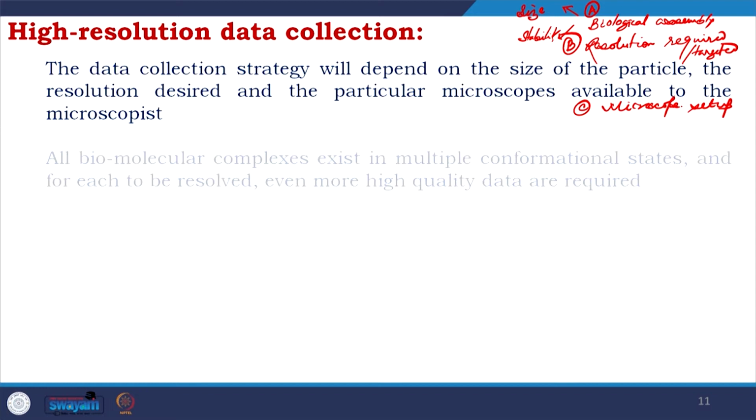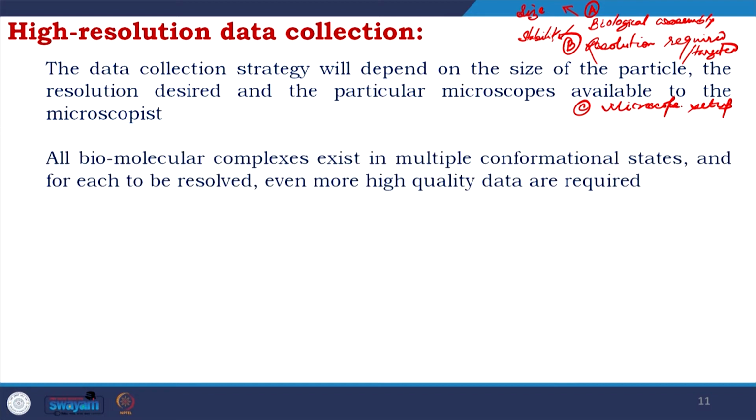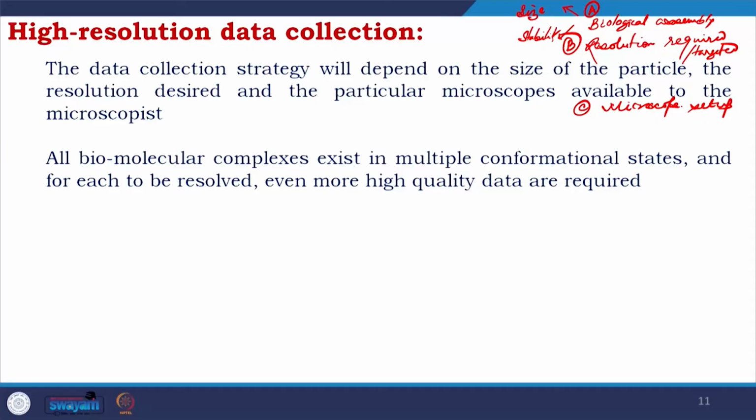All biomolecular complexes exist in multiple conformational states, and for each to be resolved, even more high quality data is required. So, as we are getting opportunity to work with the native sample in its aqueous state, you could say that you are going to get the biological sample in different conformations, and the more diverse it is, the more high quality data is required.